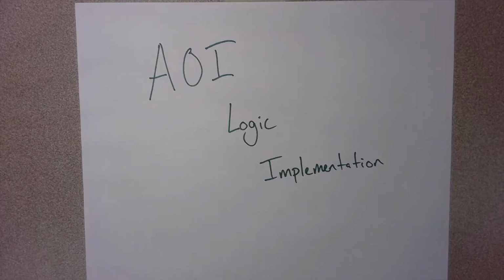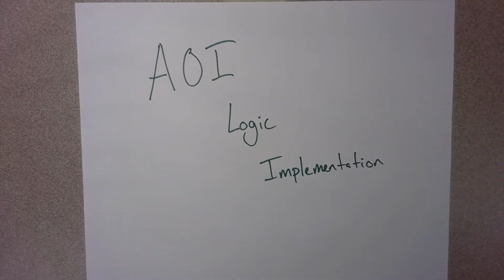Alright, today guys I wanted to talk about AOI logic implementation. What I mean by that is we've spent some other videos talking about how to take your logic expressions and truth tables and get them from circuits that are drawn out for us.